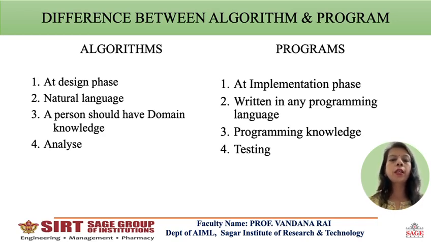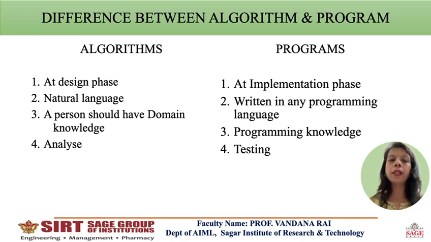So here we can see an algorithm is used in the design phase and a program is used in the implementation phase. We design an algorithm using natural language, and a program is written in a programming language like C, C++, Java, etc. A person should have domain knowledge.